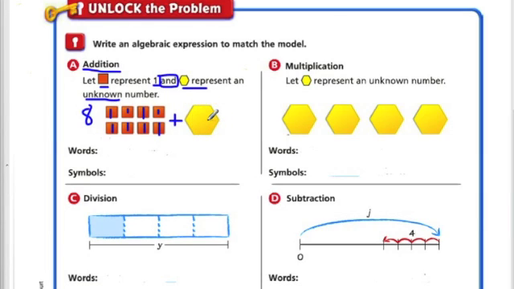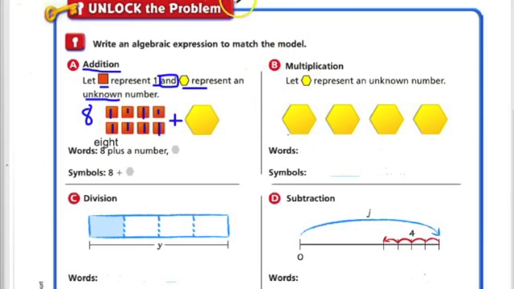As I don't know what that number is, my hexagon represents an unknown, so I would write it like this, 8 plus a number. And that symbol that's here is my hexagon. And then when I write the mathematical symbols for that, I'm going to write it like this, 8 plus the hexagon.